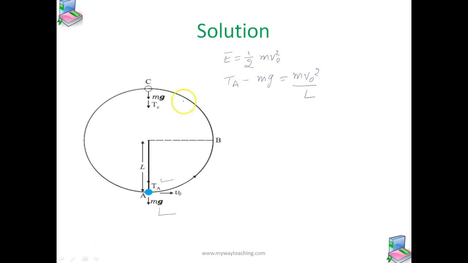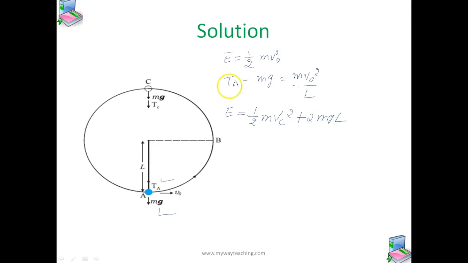At this point, E will become half m v c square plus 2mgL.